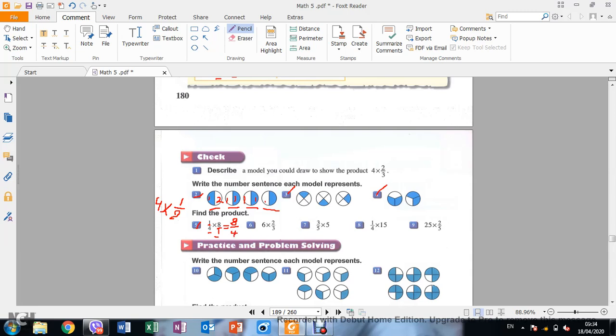Now we can divide both numbers by 4. 8 divided by 4 is 2, and 4 divided by 4 is 1. So 2 over 1 is 2. Okay.